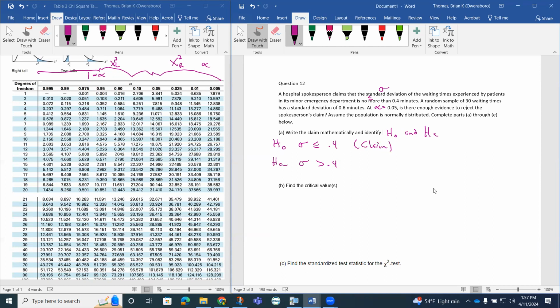So in identifying our critical values, one of the things we pick up on is that on this chi-square distribution, this is greater than, so this is right-tailed.